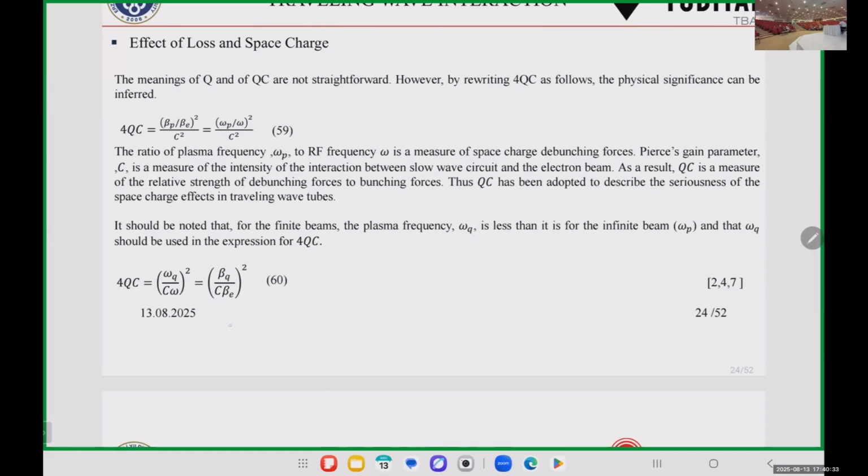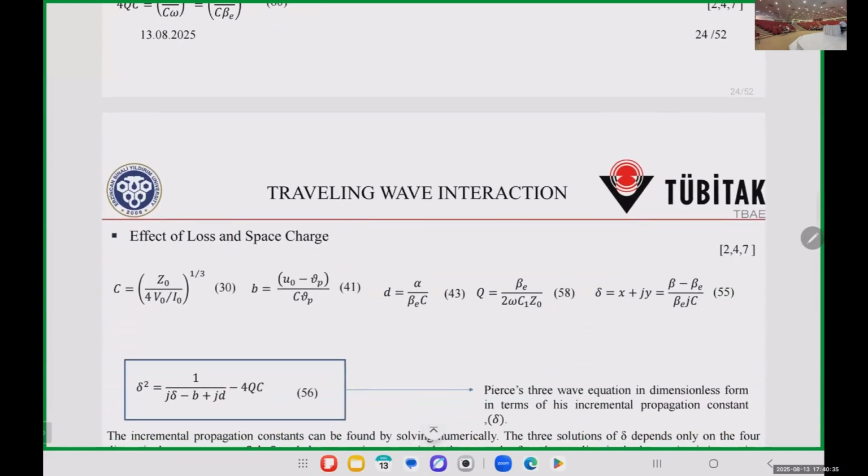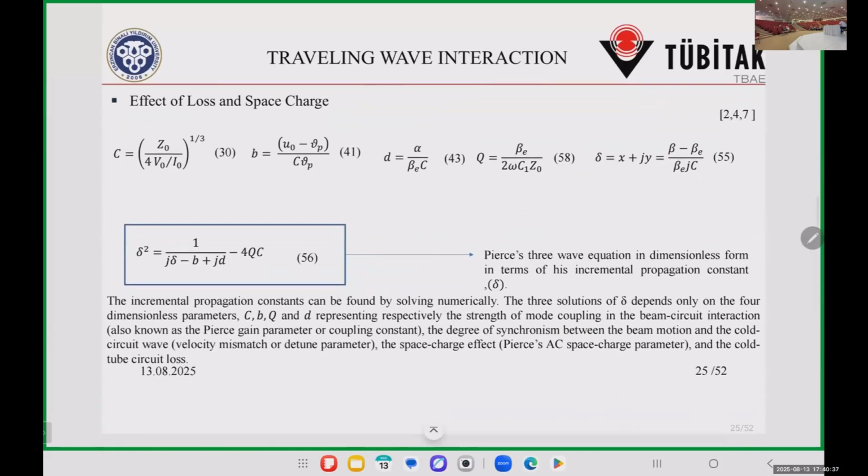WP and WQ should be used in the expression for QC, this equation 60. So we have here dimensionless parameters. From equation 56, we can define C, B, D, and we can write Q, QC, and delta.